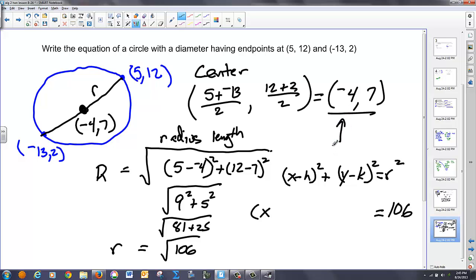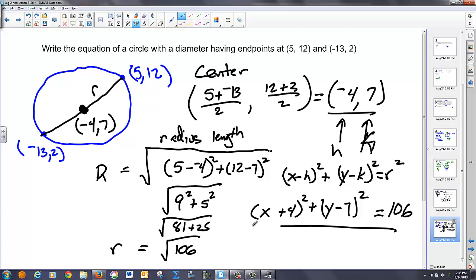So negative 4 is my horizontal translation, 7 is my vertical translation, so that ends up being k, and I just plug it in. So x minus a negative 4 is x plus 4, and y minus 7 is squared, and there's the equation of my circle.